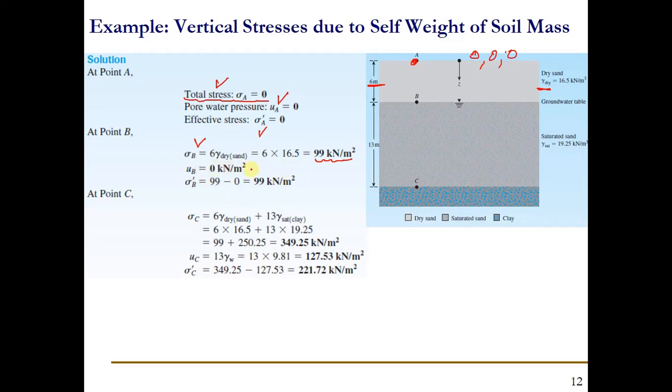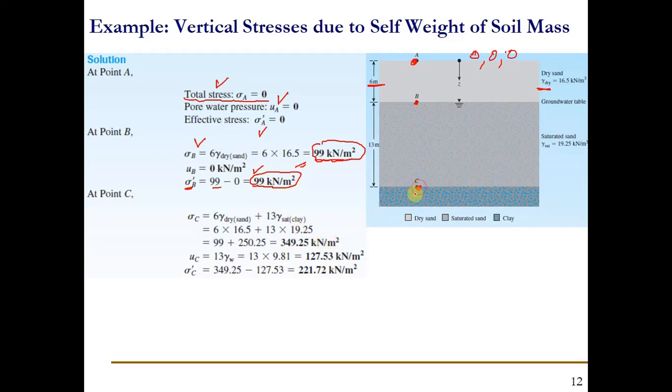Pore water pressure is 0 at point B, and effective stress is equal to total stress minus the pore water pressure. Pore water pressure is 0, therefore the effective stress will be equal to the total stress, 99 kPa.